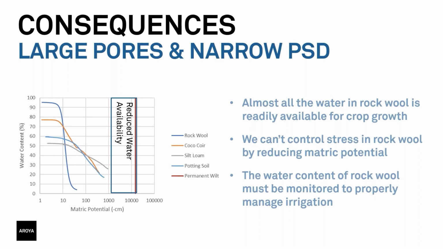Reducing water content will concentrate solutes, decreasing osmotic potential, but matrix potential won't change enough to matter to the plant. Another consequence is that the usual methods for determining when to water by monitoring plant stress won't work. With soilless substrates, we need to carefully monitor the substrate water content.